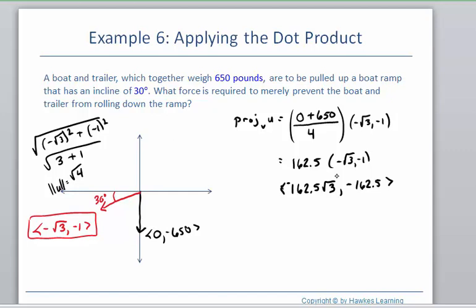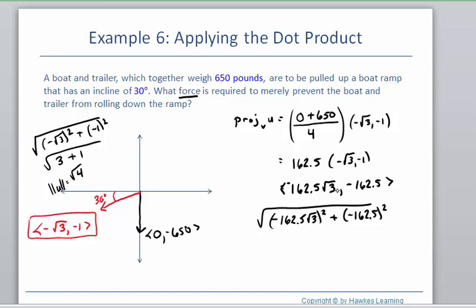Okay, so the last thing we need to do if we're calculating force is calculate the magnitude of this projection vector. So let's go ahead and do that. Our last step, finding our magnitude, we're going to take our first component and square it. This can get kind of messy because of the square root and what we're having to do here. Then we're going to take our second component and square it. Let's see what happens when we plug this in our calculator.